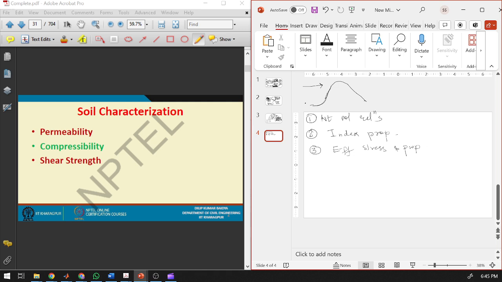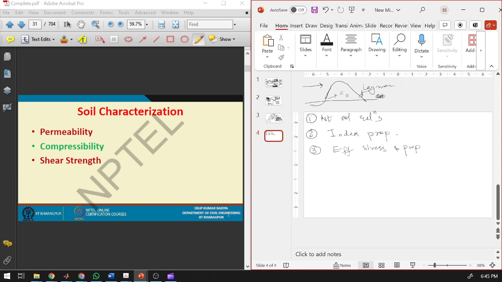To a layman, or somebody who is not a geotechnical engineer, what will you speak of? If I give you a soil sample, as a layman, you'll talk about the color, the odor, the texture. These are the preliminary tests for soils.